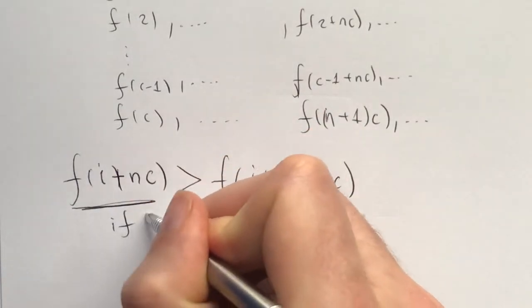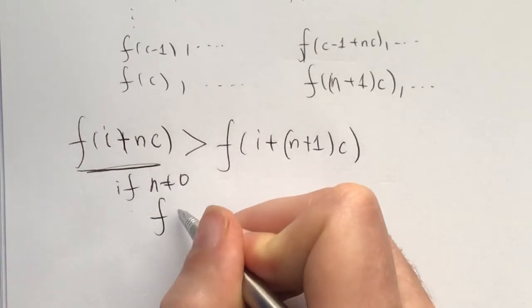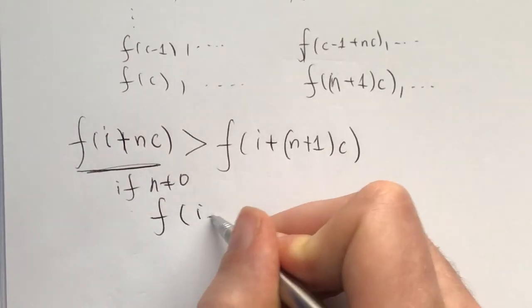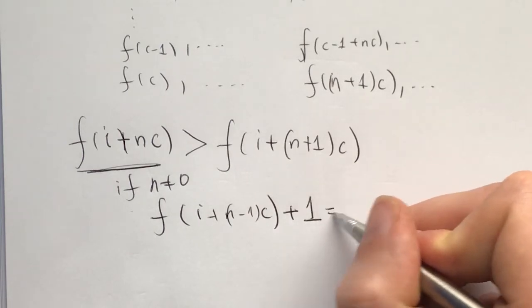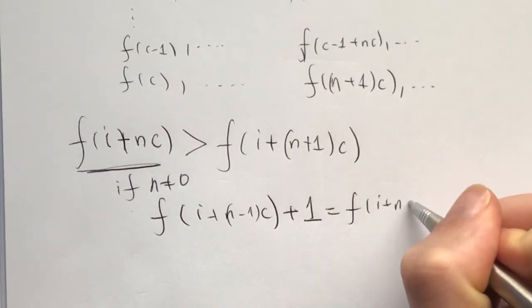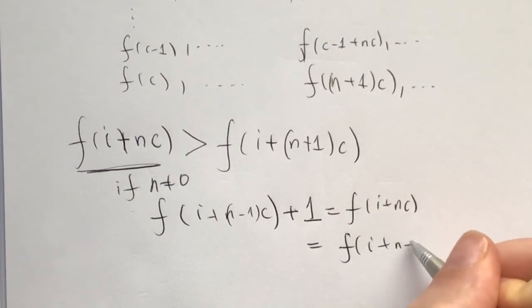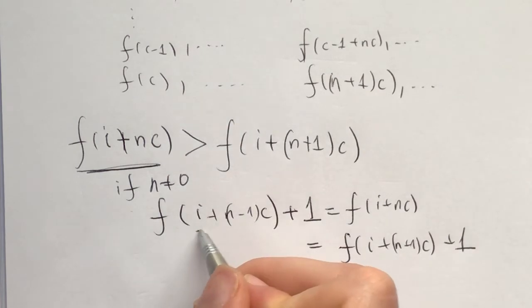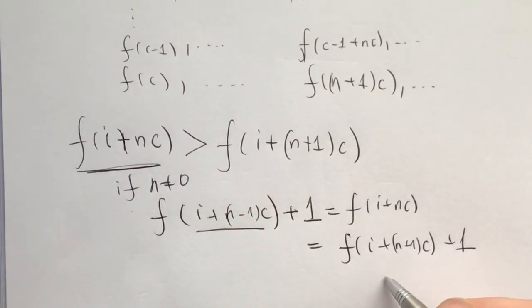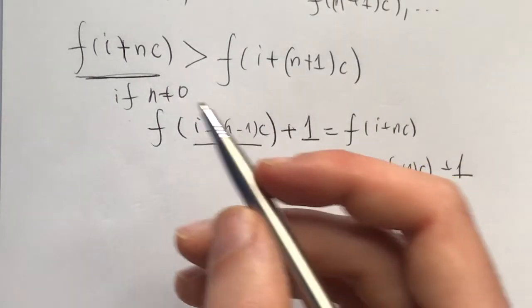Now, if n isn't equal to 0, that means that f of i plus n minus 1 c plus 1 is equal to f of i plus nc, and this is also equal to f of i plus n plus 1 c plus 1, in which case it means that i plus n minus 1 c and i plus n plus 1 c are equal, which is a contradiction.